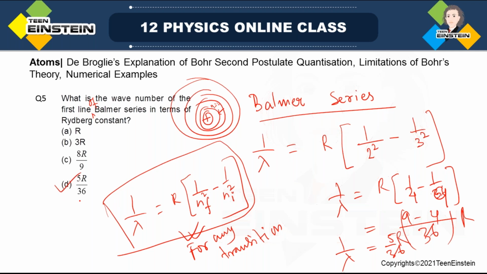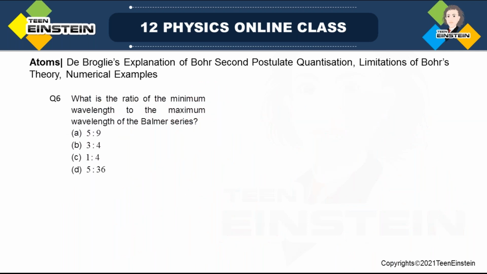Now we'll go to the sixth one. What is the ratio of minimum wavelength to the maximum wavelength of the Balmer series?